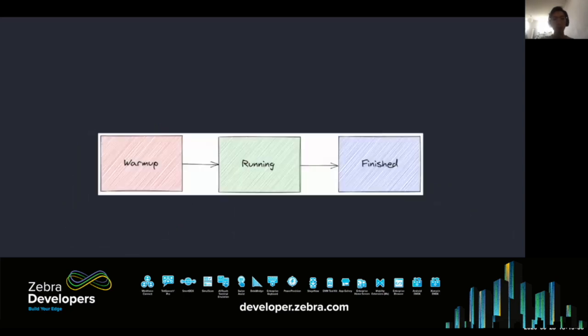How it works is just a summary. I took this photo from a blog that I read. It's a very nice photo. It first warms up the application or your device so that it's in a state where every time you run the measurements, it's the same state.